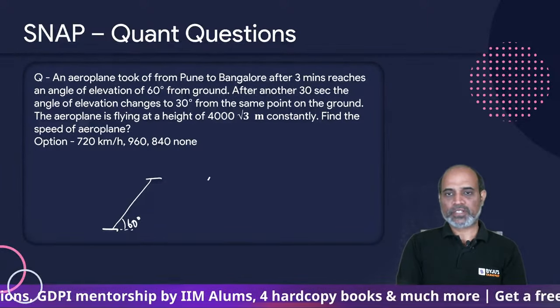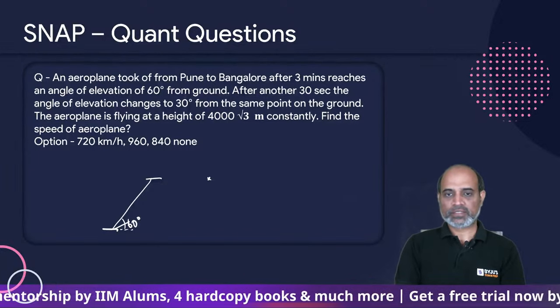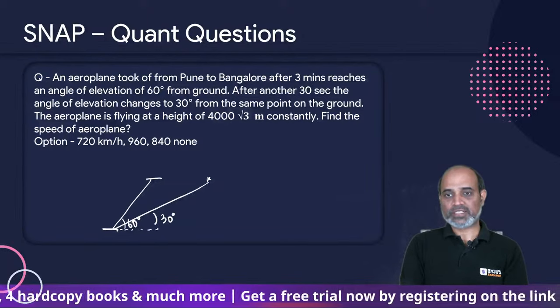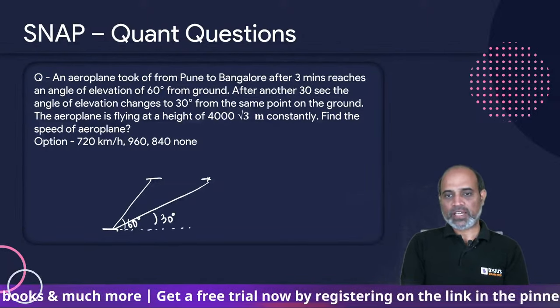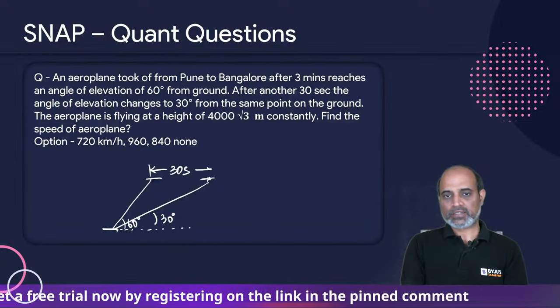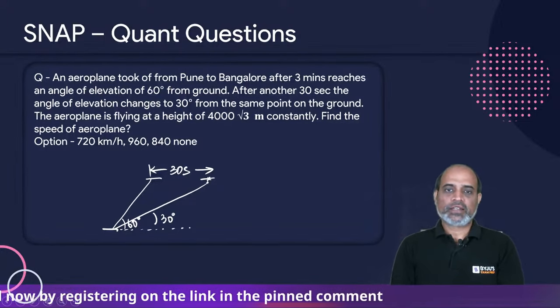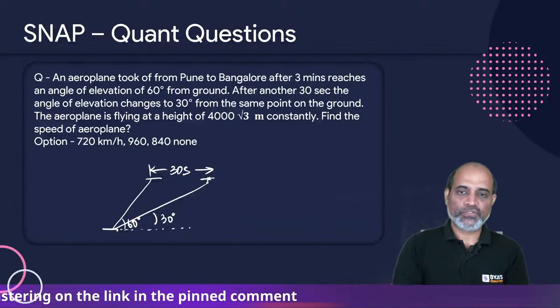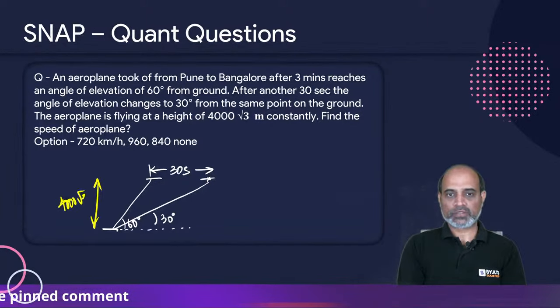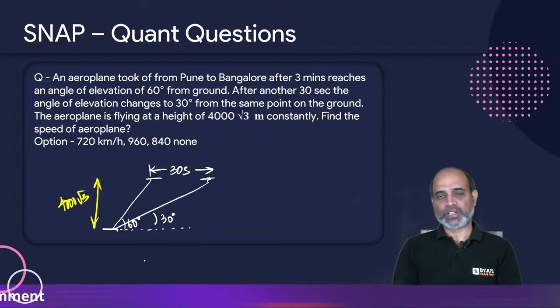So the plane has covered this distance in 30 seconds. The aeroplane is flying at a height of 4000 root 3 meters. Find the speed of the aeroplane.